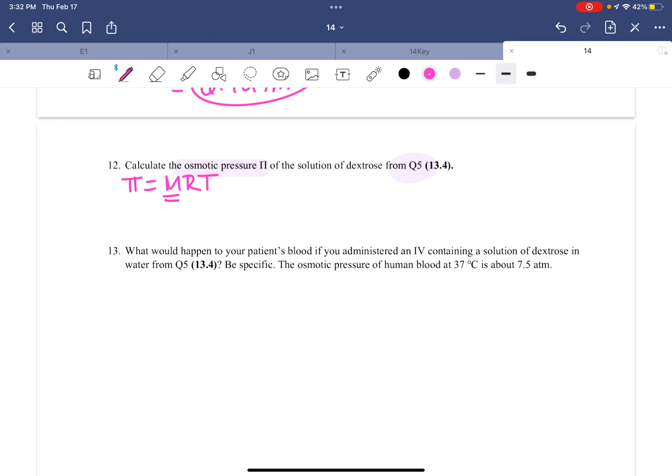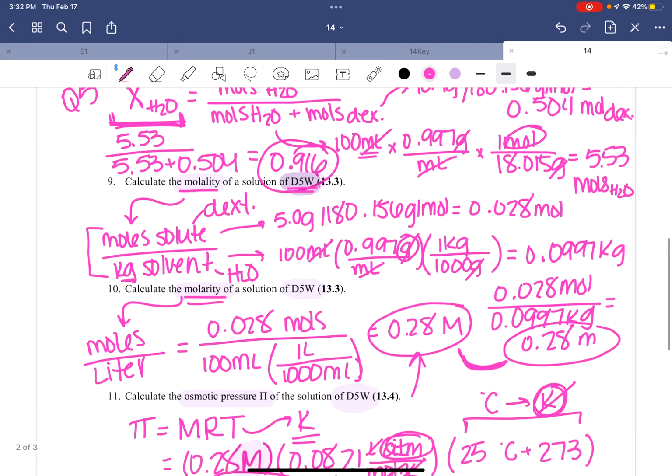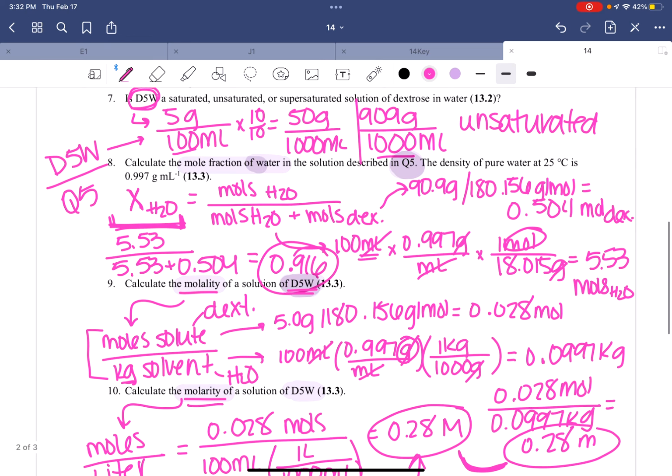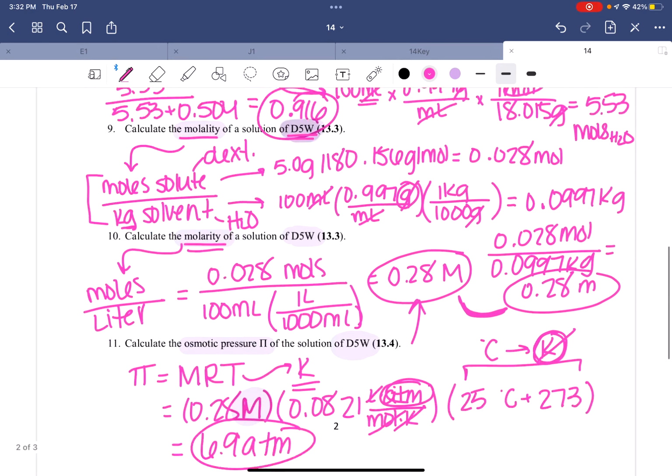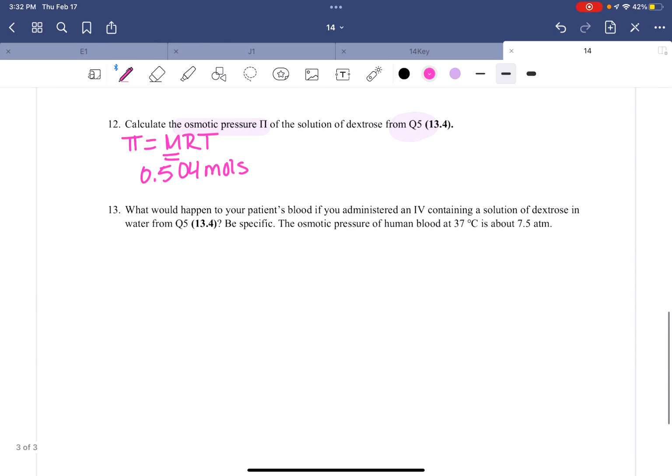We do know that we have 0.504 moles, and we get that from this calculation up here. Number 8 was also asking about Q5, and we already calculated the moles of dextrose, which is this really small number here. So we can use that down in question number 12.